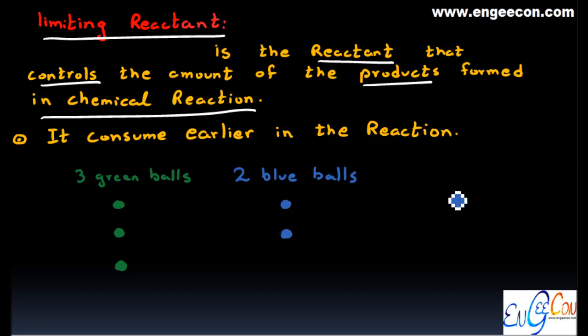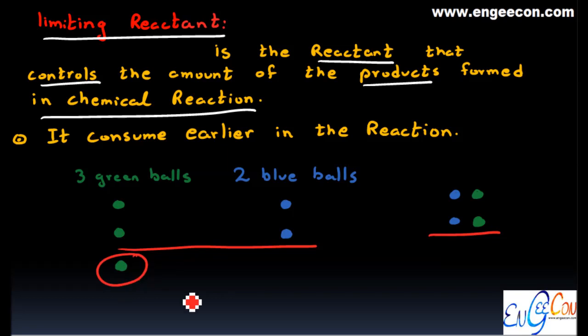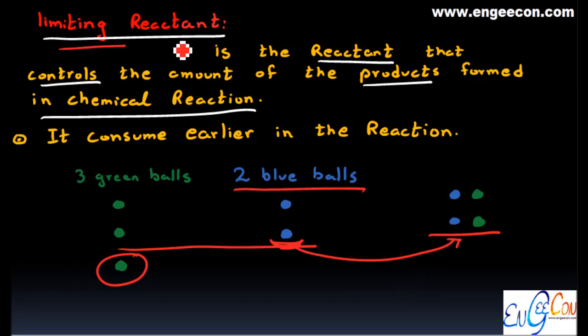So we pair blue and green balls. Here you can see that the set is completed and we are left with a green ball. So here blue balls are consumed earlier in the final product. So blue balls are the limiting reactant because they are consumed earlier and control the product.